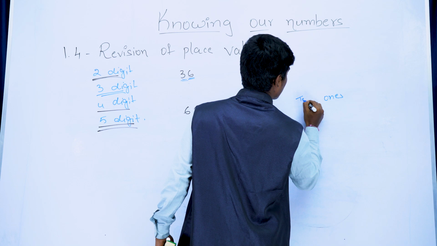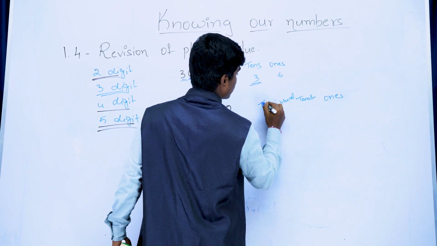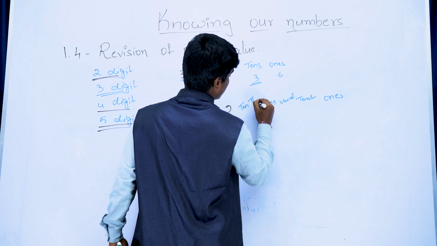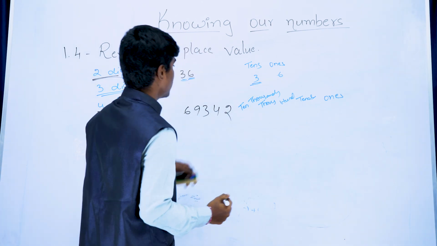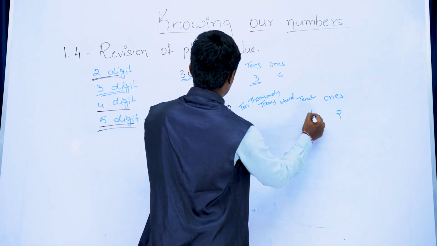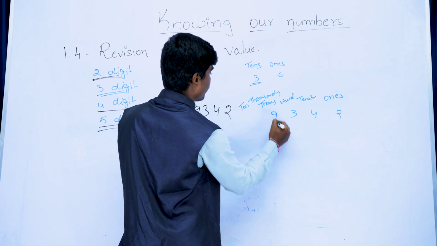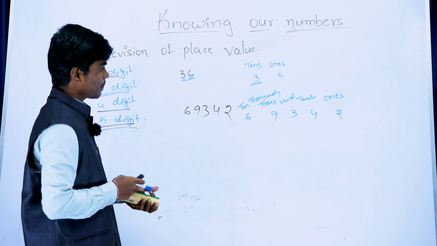In the ones place we have 2, in the tens place we have 4, in the hundreds place we have 3, in the thousands place we have 9 and in the 10,000s place we have 6.